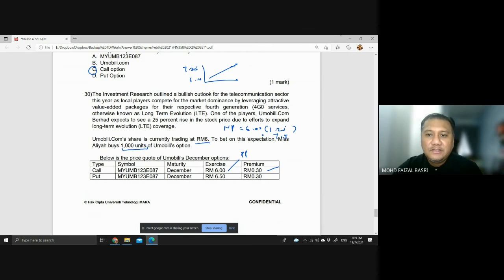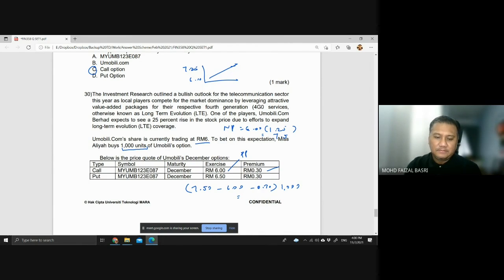Okay, so dalam case ni kita boleh guna ni je formula ni. 7.50 minus RM6 minus 30 cent. Darab dengan 1,000. Sebab dia punya unit sama. 6 tolak 3.